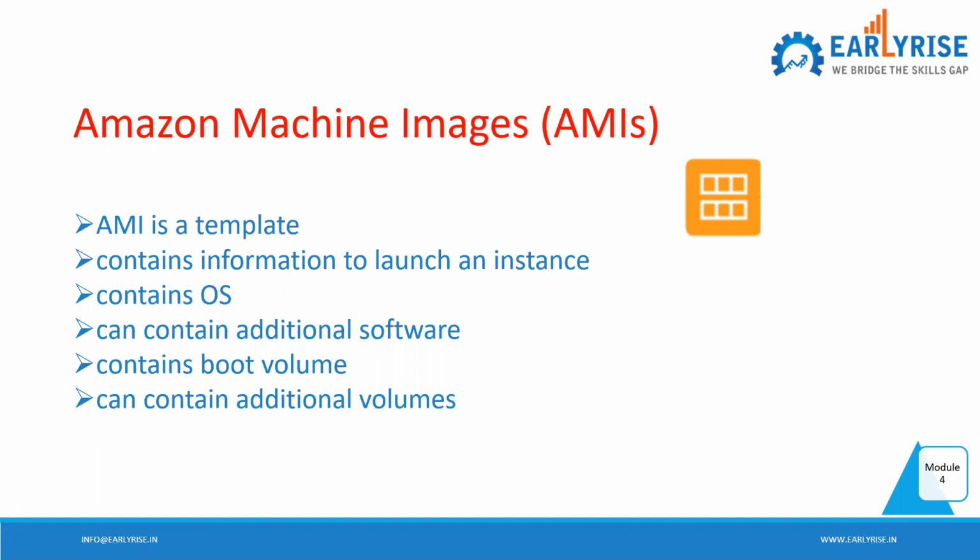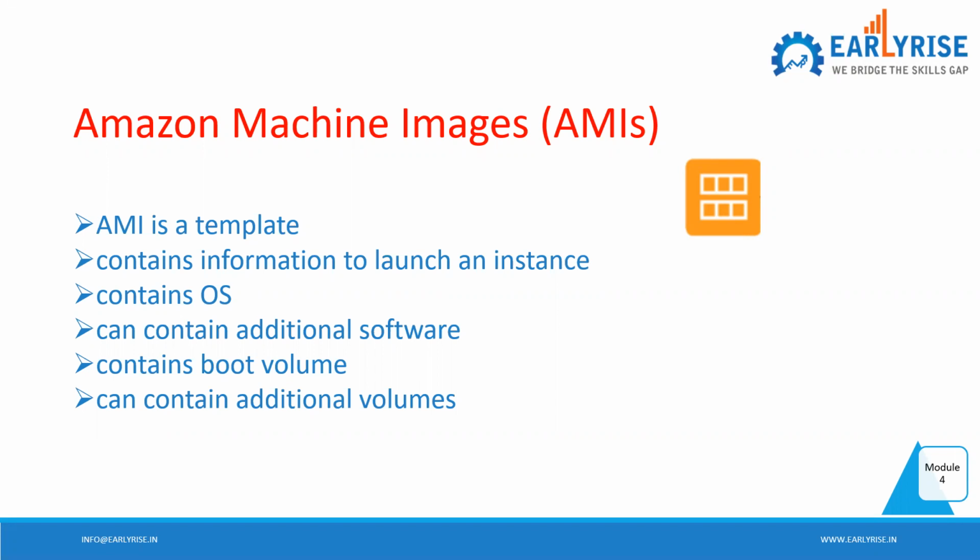Now it can contain additional volumes as well. Say, as of now, the instance that we have, how many volumes? Rahul? Two volumes. Two volumes are there, right? One is our root volume, or boot volume, as you call it. And apart from that, we have a 1 GB additional volume.